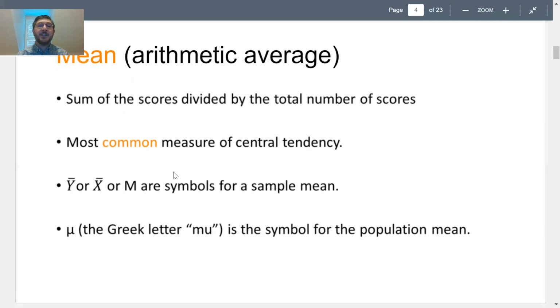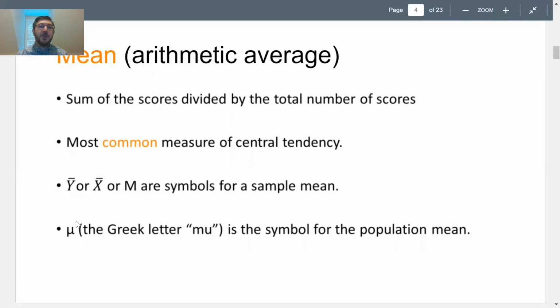And in this case, we're talking about the sample mean. Whenever we use Latin characters like this, or Roman characters, the regular English alphabet, we're talking about samples. When we use Greek letters in statistics, like this Greek letter mu, we're talking about population parameters.